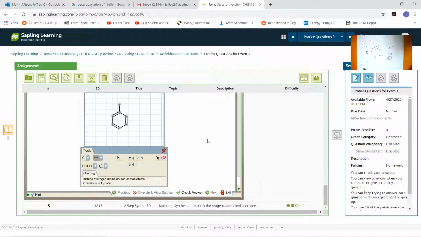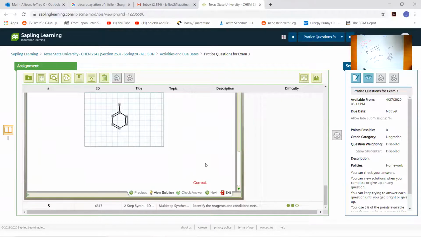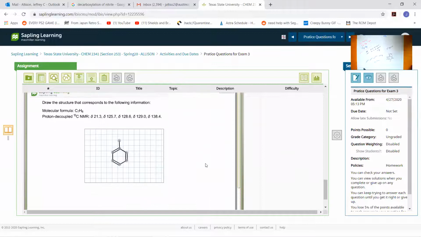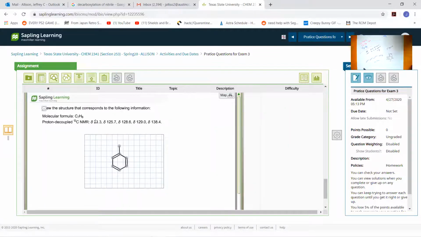Okay, so if we check that, it works. So I'm telling you this to pay attention to the formulas also.